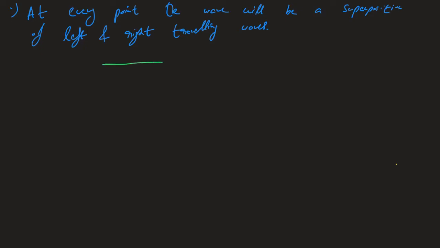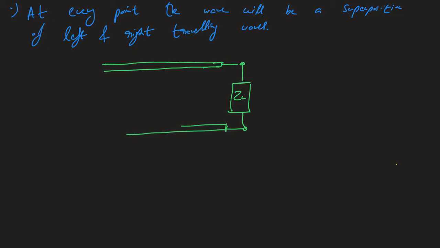So this is our transmission line. This is our load. And we assume that there is some right traveling wave v plus of z, there is some left traveling wave v minus of z.